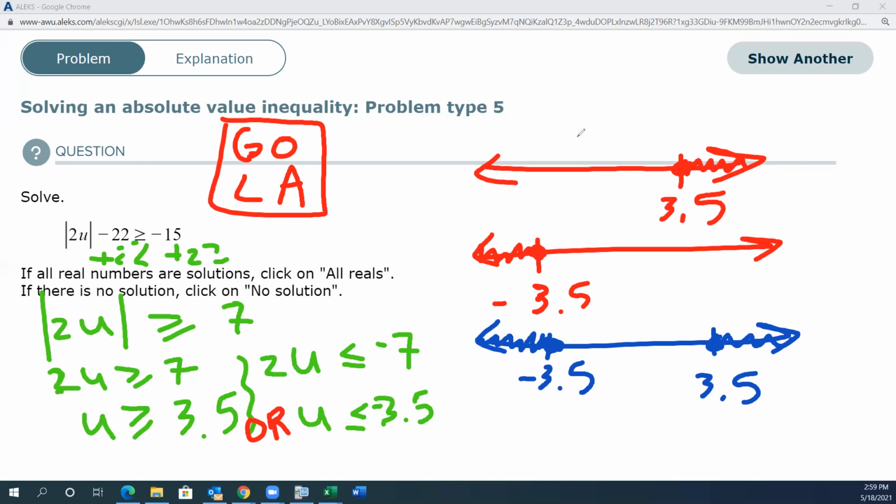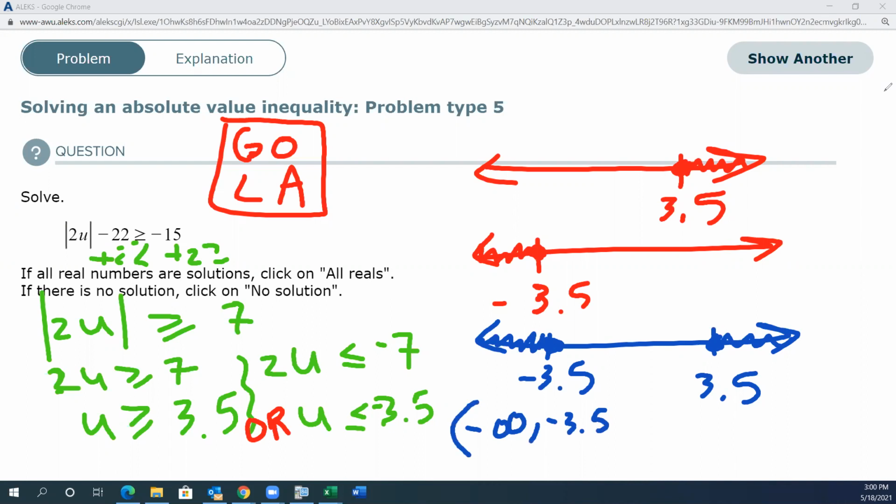Now, if I was going to write this in interval notation, actually, you know what, I'm not going to type it because I need to do the infinity sign. It would be negative infinity to negative 3.5.